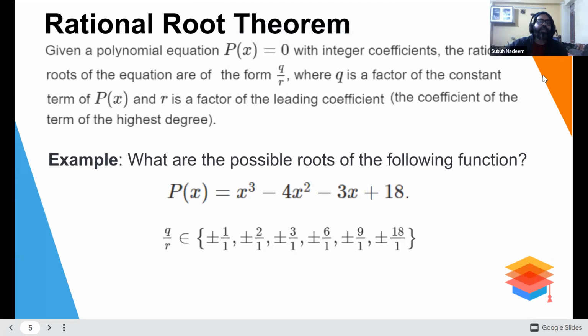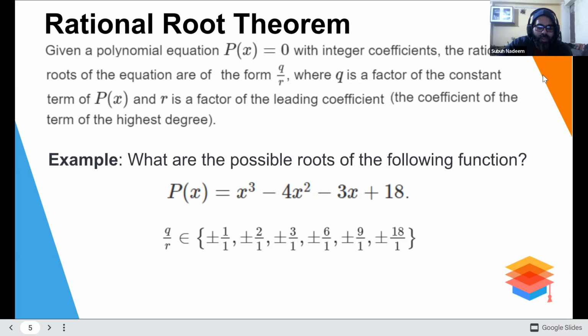So the statement says here, given a polynomial equation with integer coefficients, the rational roots of the equation are of the form q by r, where q is a factor of the constant term of p(x) and r is a factor of the leading coefficient. r is not the leading coefficient, just as q is not the constant term, but is a factor of the constant term.